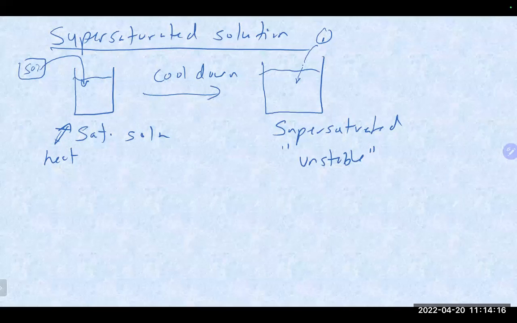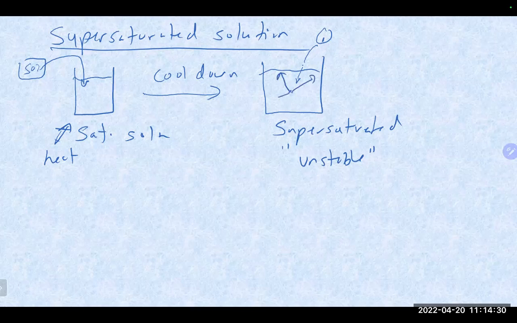When you drop that little guy in there, all the solid that's dissolved will decide, no, thank you, and it will come out of solution. It will go from a liquid state to a rock hard solid state, because it knows it's got way too much dissolved in there. That little guy is enough to push it over the limit, and all the solid will basically come out of solution. It's a fun experiment.